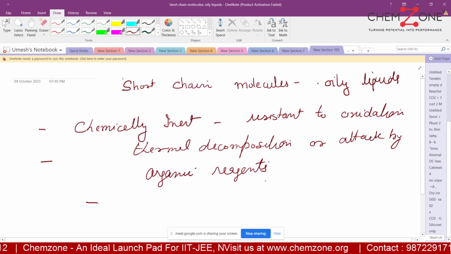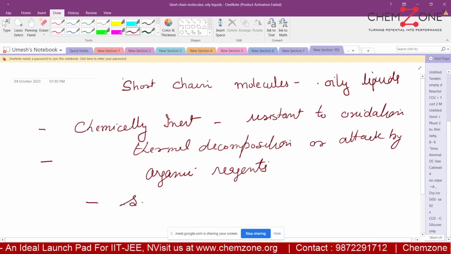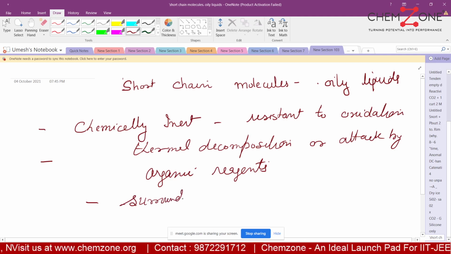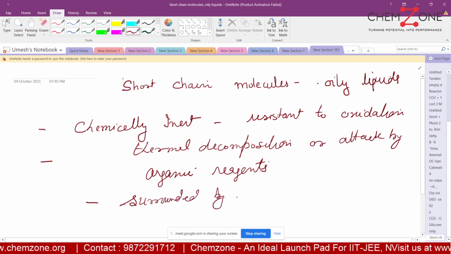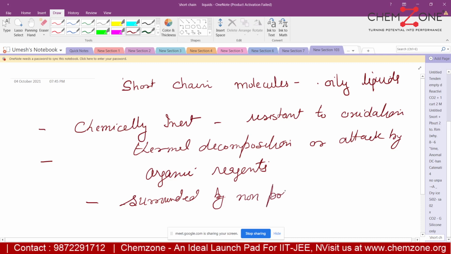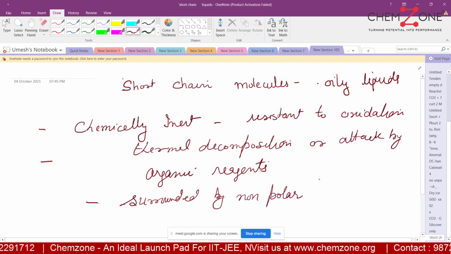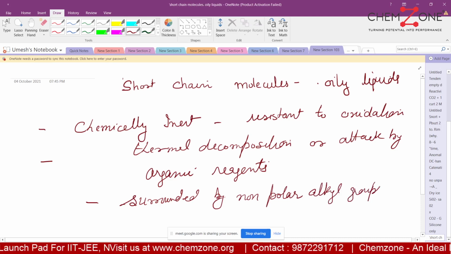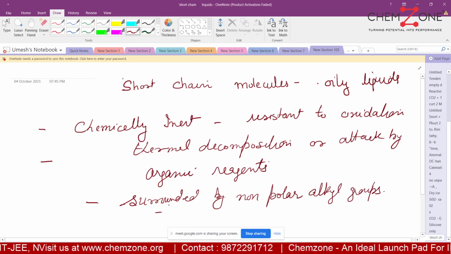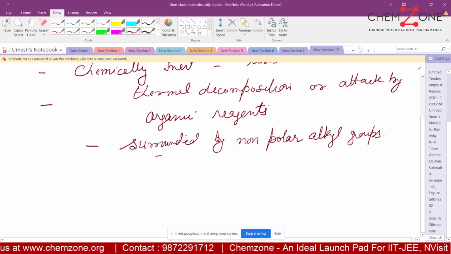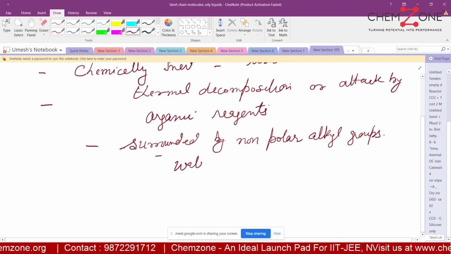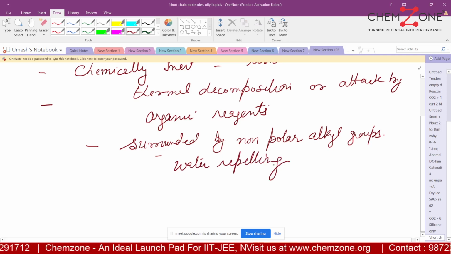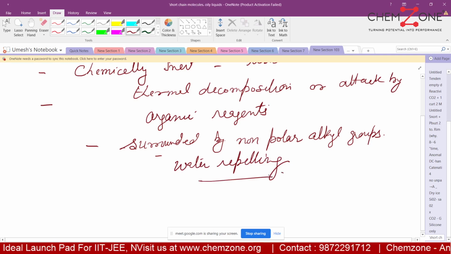You can see that they are surrounded by alkyl groups, non-polar compounds. They are non-polar, so these are water repelling.